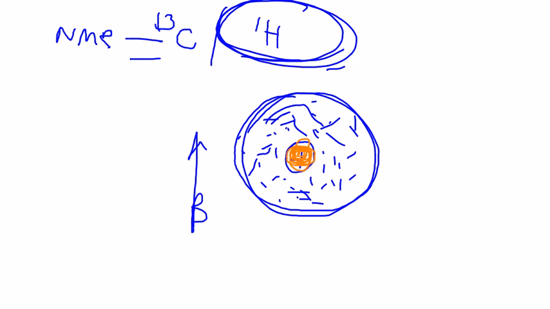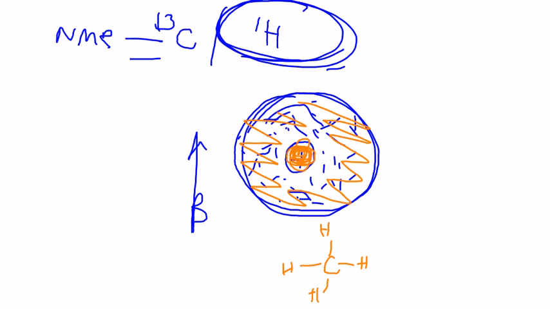And so realize that the amount of magnetic field felt by this nucleus depends upon the kind of electronic environment that it has surrounding it, which is why if you have compounds such as, let's say, CH4, in which you have carbon and hydrogen, and there's nothing that's really electronegative in this case, and you compare that to perhaps something like HCl, in which chlorine is more electronegative, so that pulls the electron density away from that proton.